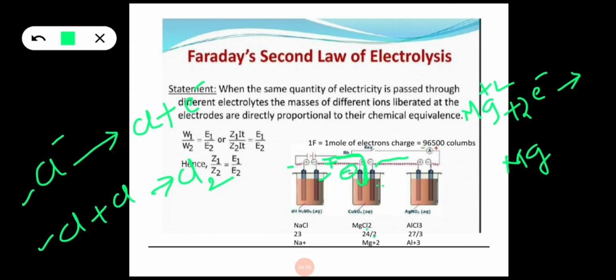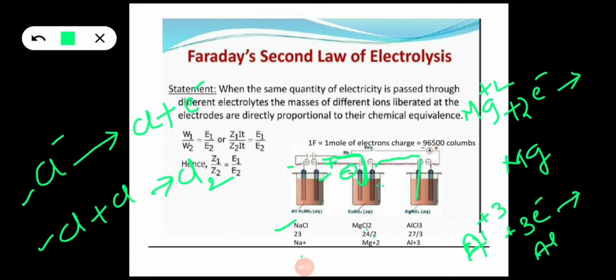Now the electrons coming out from here will be taken by AlCl3. Again Al plus 3 will take 3 electrons to convert to aluminum, and again Cl minus will give its electron to the circuit. So in this way sodium will take 1 mole of electrons.